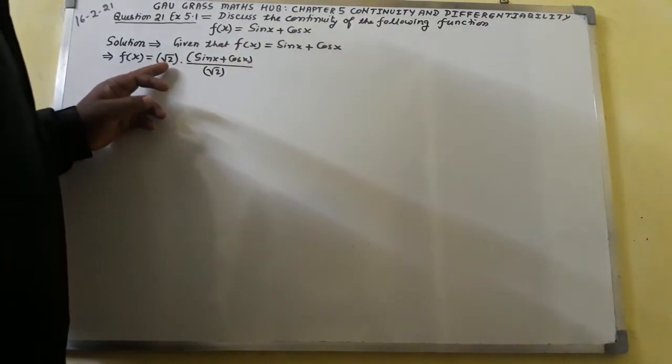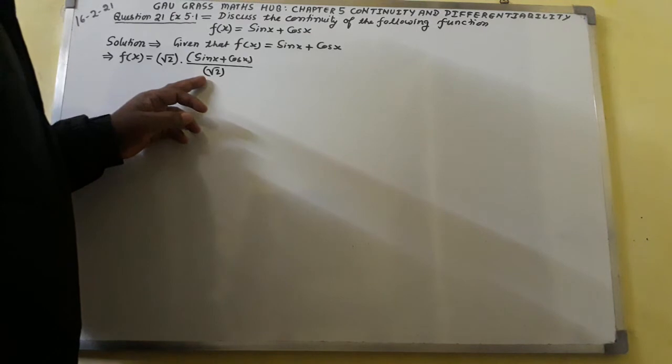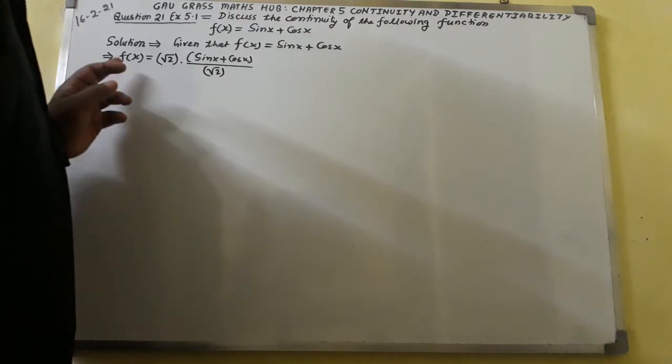If you look at the under root 2 in the numerator and the under root 2 in the denominator, both will cancel out. We will get the original function.